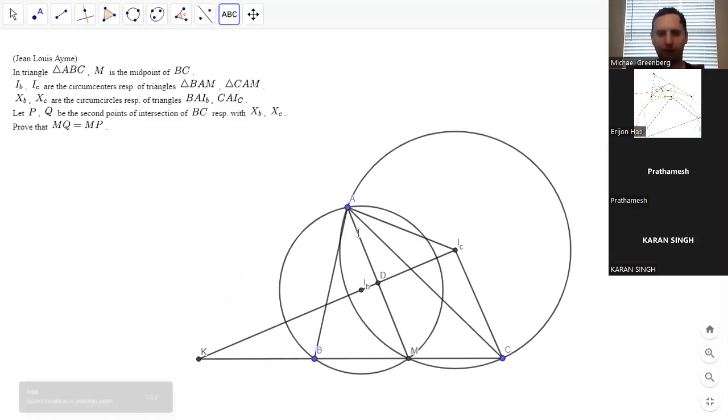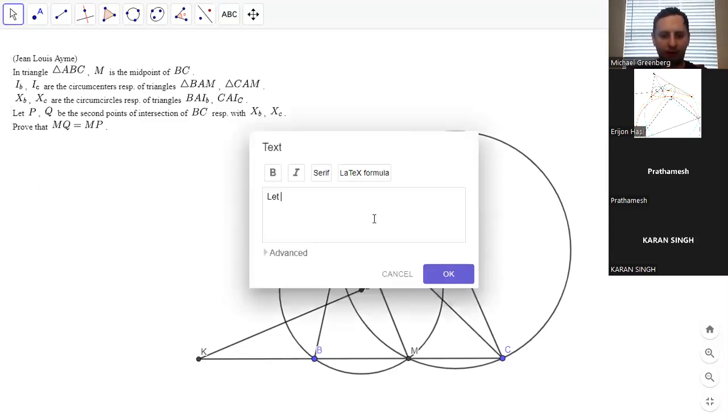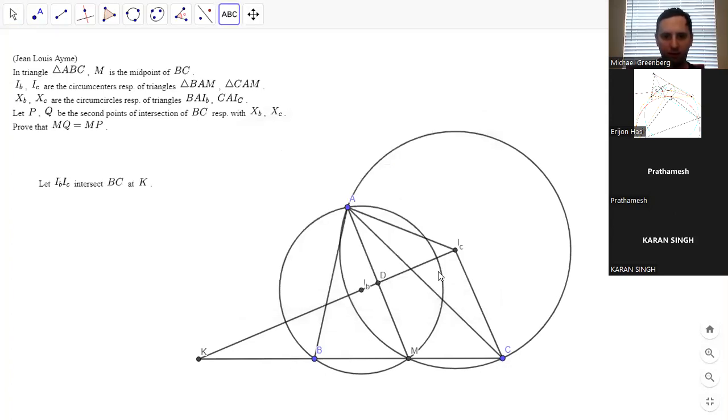So let IBIC intersect BC at K. And then you're saying it follows by a spiral similarity. Oh, because AIBIC is similar to ABC. I think that's kind of the spiral similarity you're saying, right?